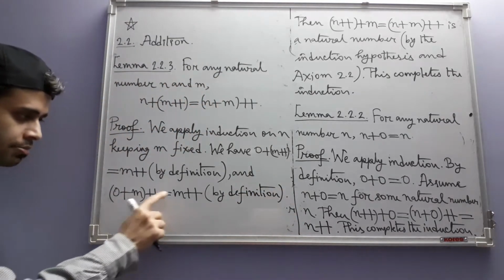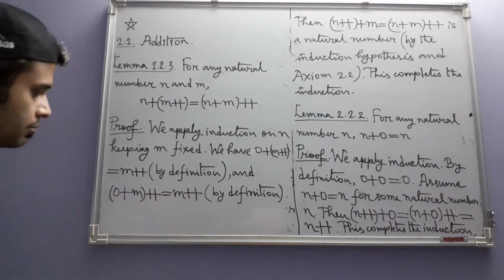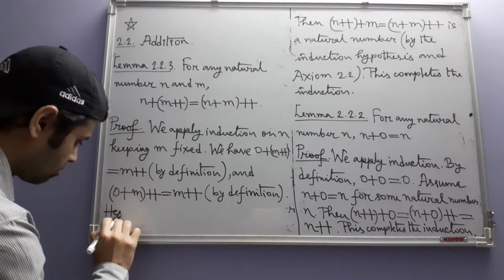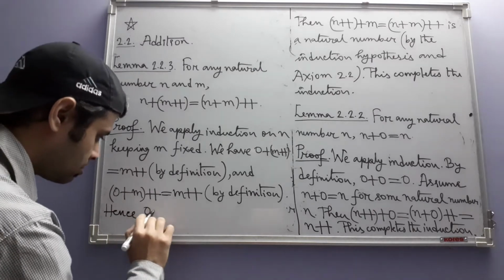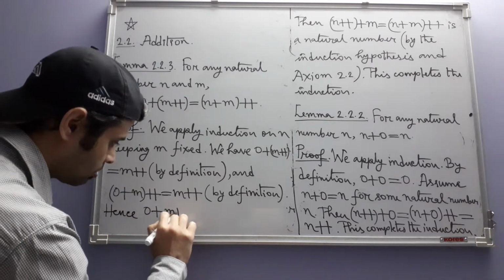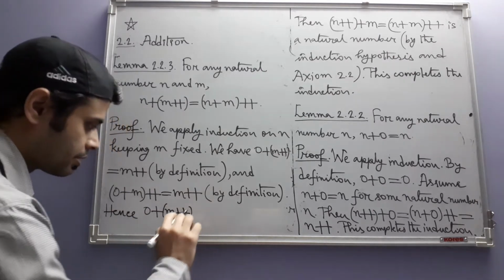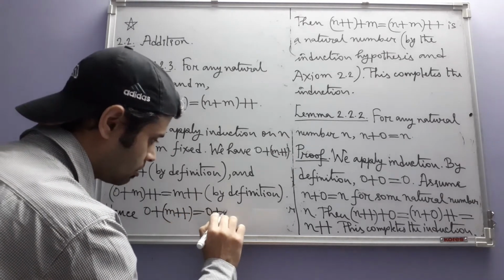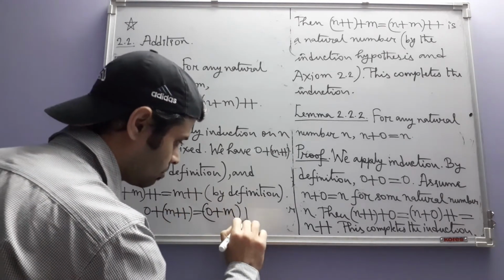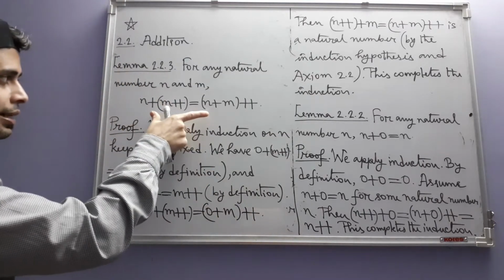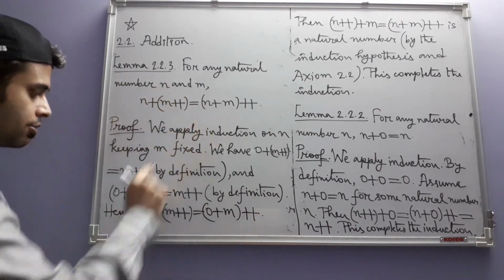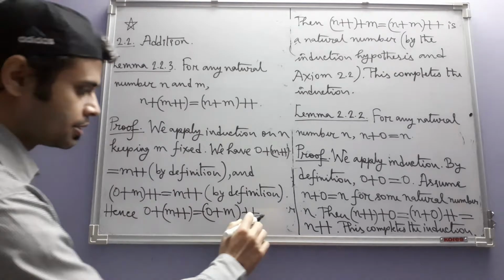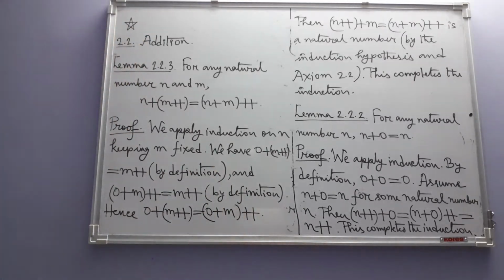Because 0 plus m is equal to m. Hence, 0 plus m plus plus is equal to 0 plus m plus plus. So this identity is true for n equal to 0. So this is the base case of my induction.